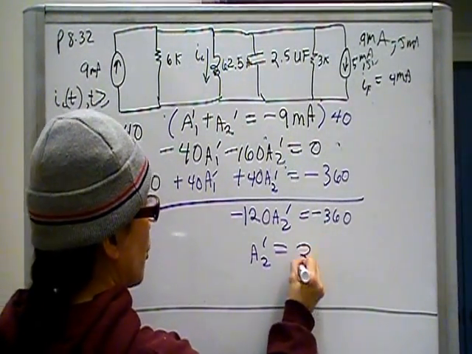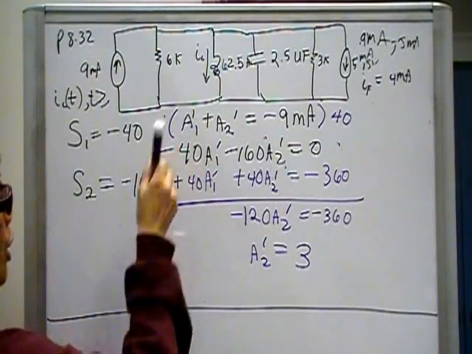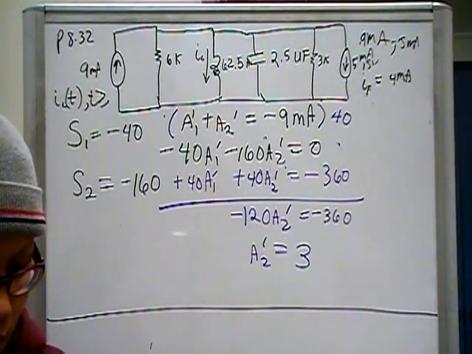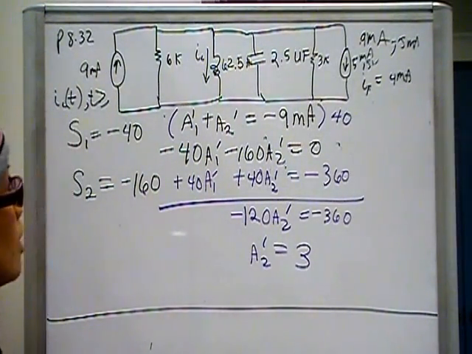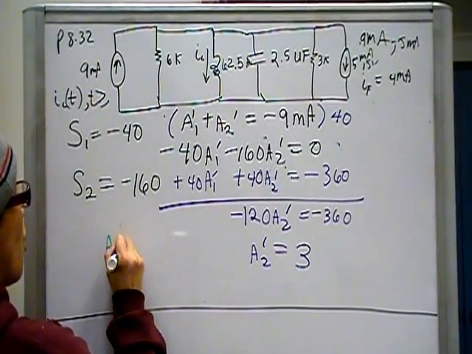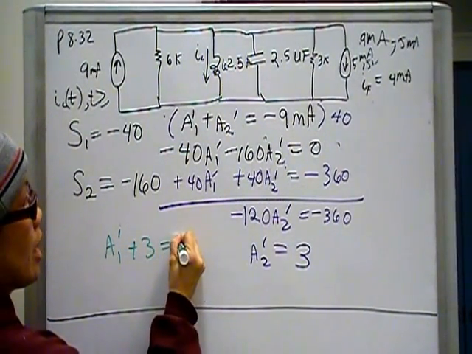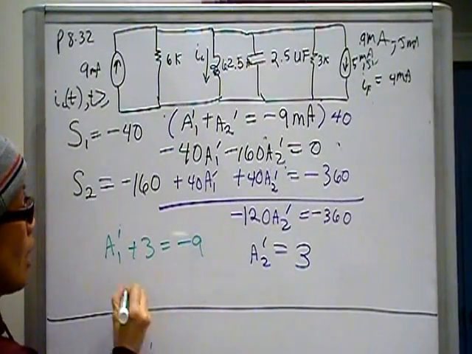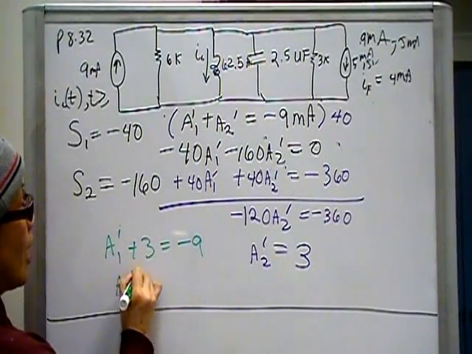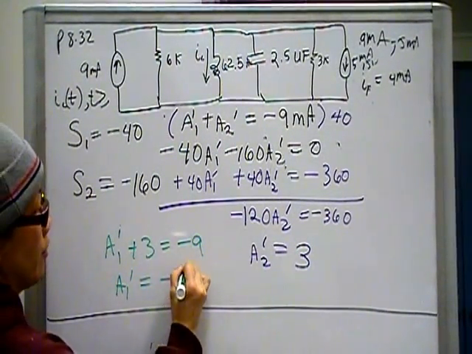That is 3. Put that back in here. That means A1 prime plus 3 is equal to minus 9. Therefore, A1 prime must equal minus 12.